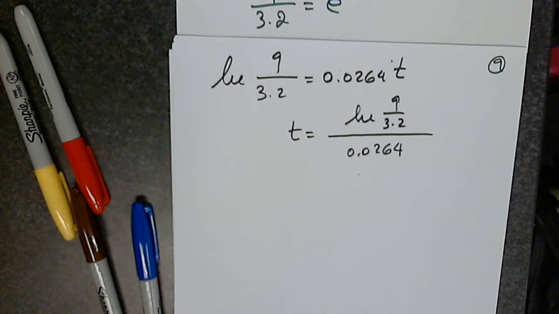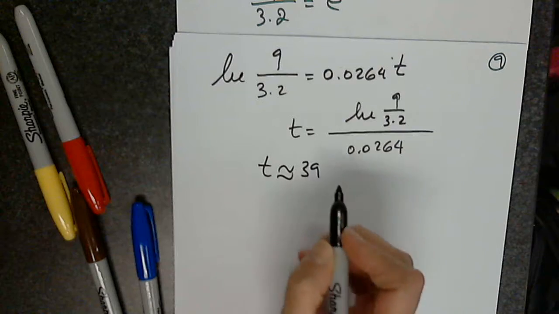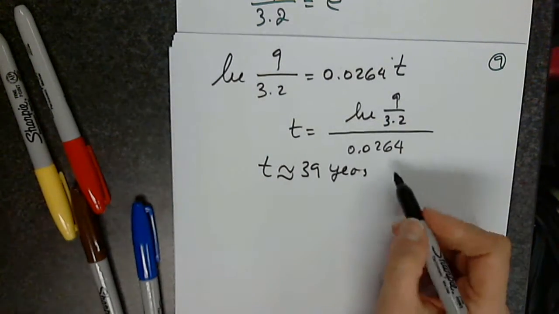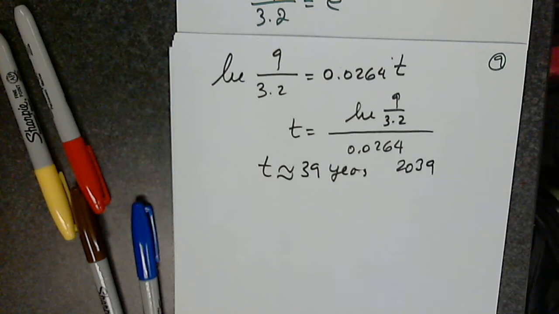And enter. So approximately t is approximately 39 years, which means if the model continues, in 2039 the Palestinian population will get to 9 million. Any questions on this?